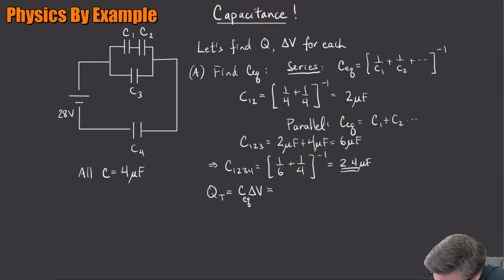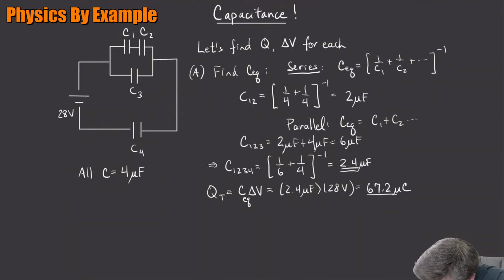So that's just going to be 2.4 microfarads times 28 volts. And if you do that, you get 67.2 microcoulombs. So that's the total amount of charge stored in the circuit.